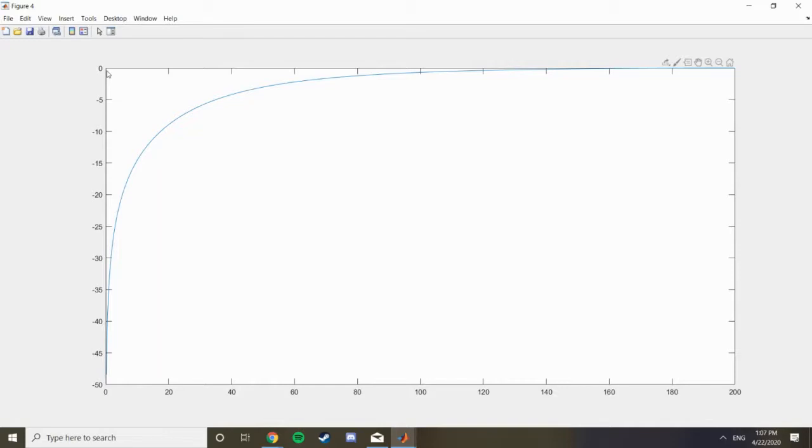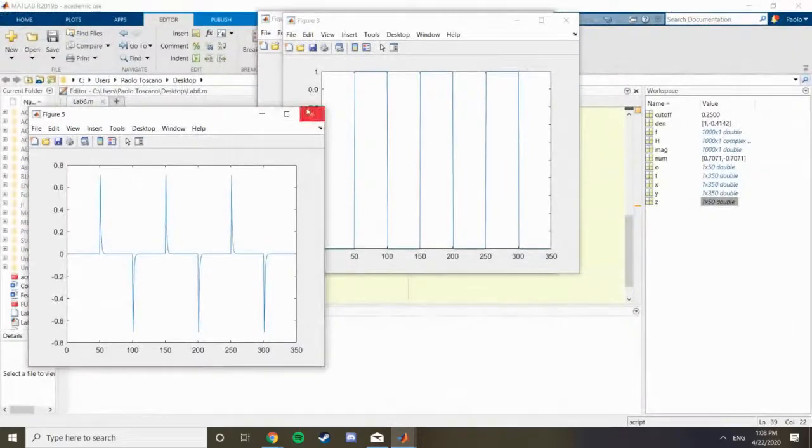Okay, makes sense. But Paolo, this is an order 1 filter. It's not close to an ideal filter at all. How do you know it's order one?